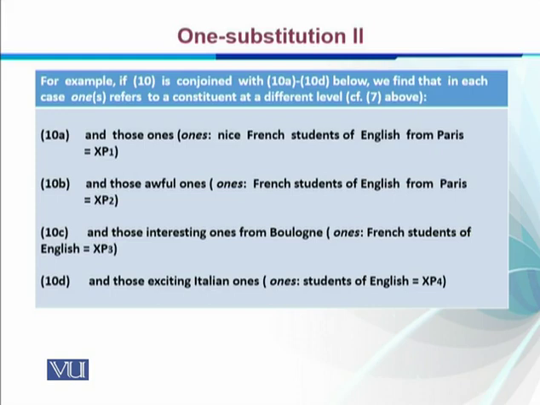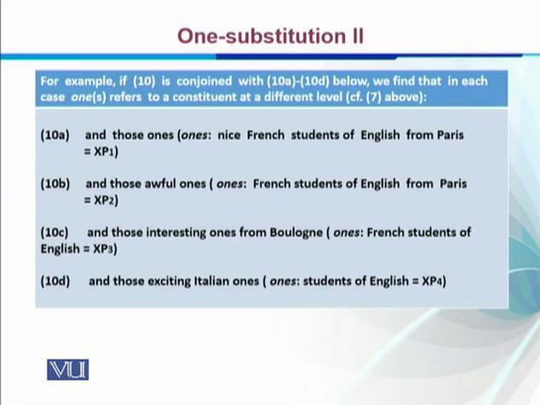Below we find that in each case, one or ones refers to a constituent at a different level. In "those nice ones", ones means French student of English from Paris. So, ones replaces the whole rest of the phrase.